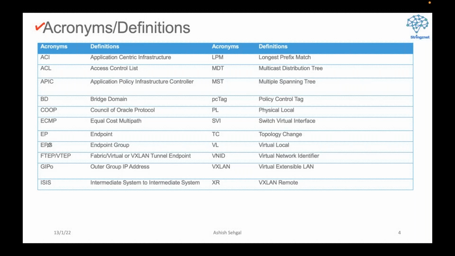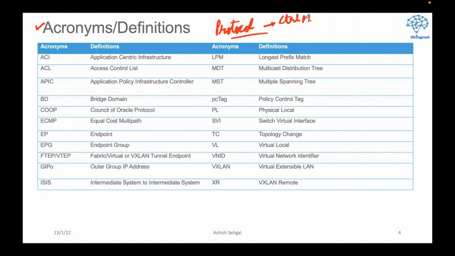I will try my level best to make sure that you become comfortable with the new terminologies. In this particular journey, we are going to interact with some new protocols as well. We are going to look into the protocols predominantly from a control plane perspective.